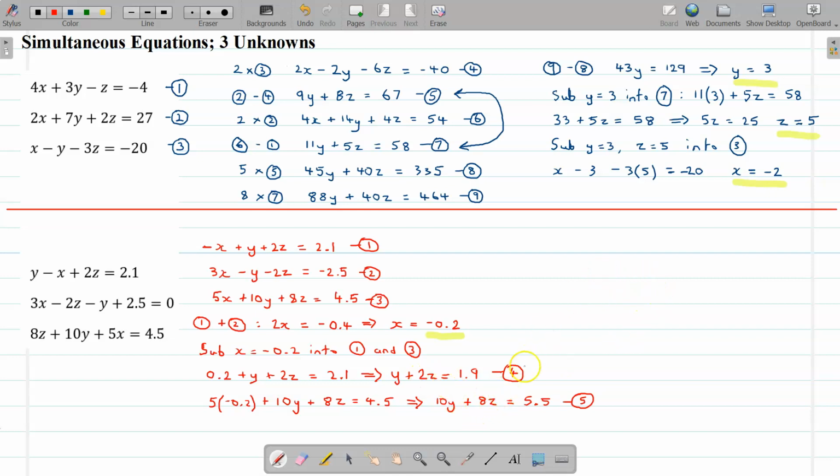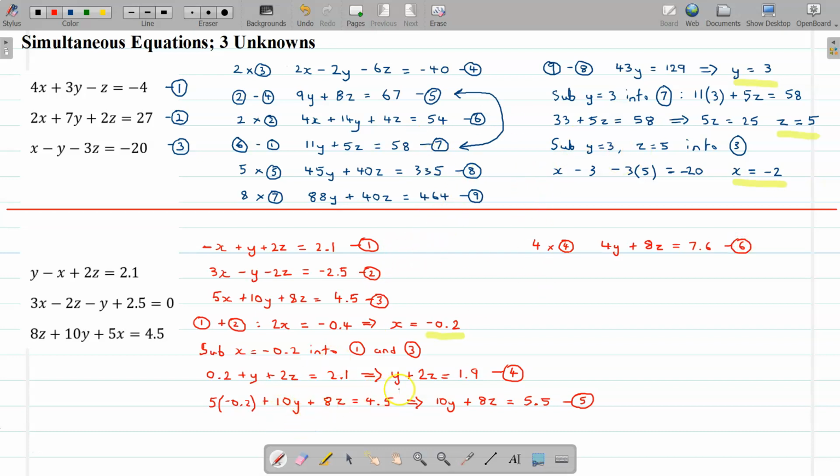So I'm going to take 4 times equation 4, which will give me 4y plus 8z, and that would give me 4 times 1.9, which is 7.6. And I'm going to call that one equation 6.